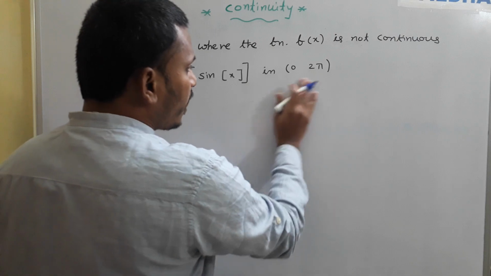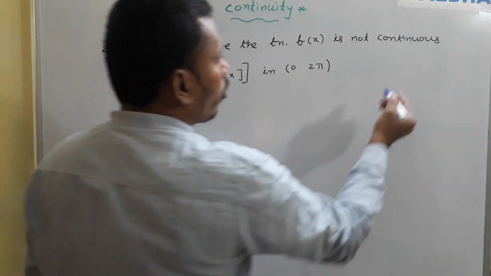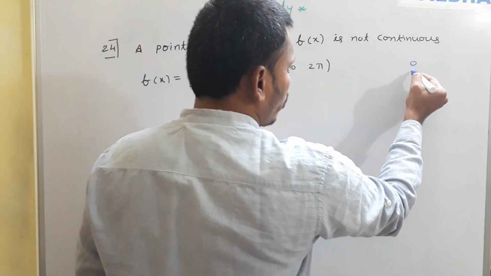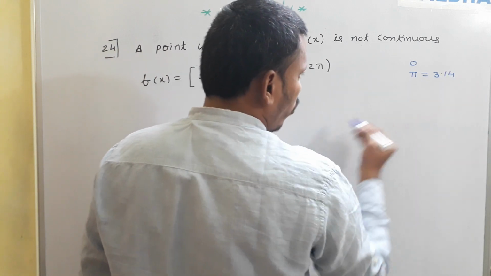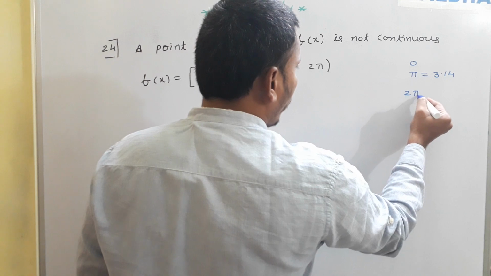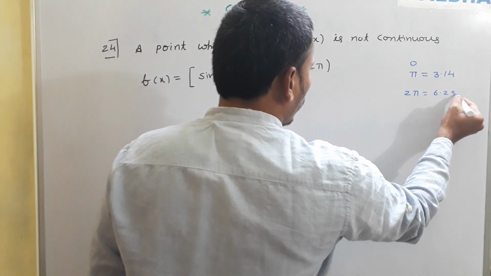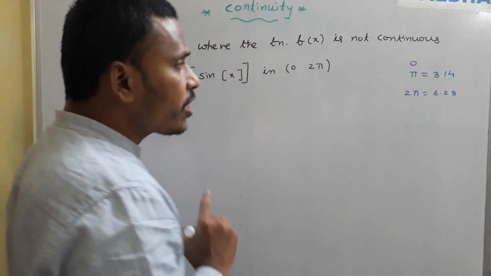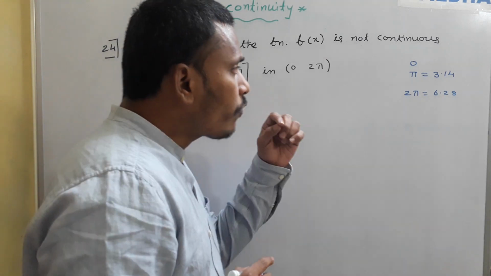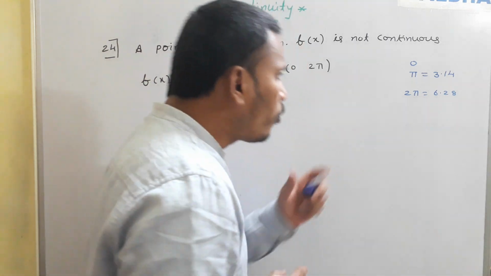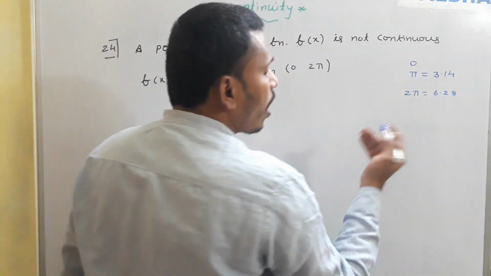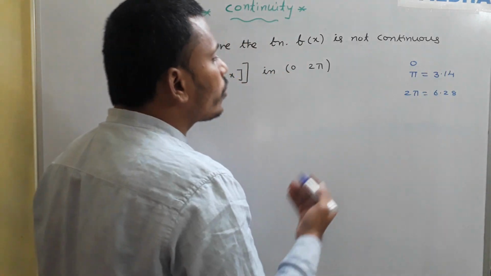I will just break it at the point 4. Why? Because you just memorize this. 0 is 0. I think you all know that the π value is 3.14 and the 2π value is 6.28. As I mentioned, if the input is below π, the output of sine is always between 0 and 1.